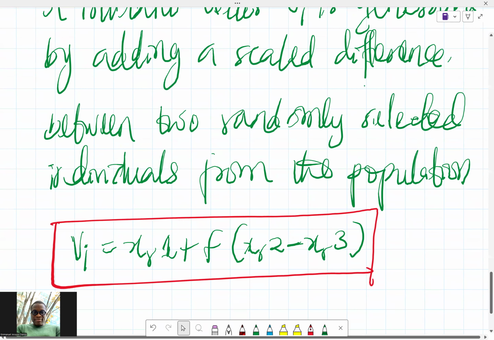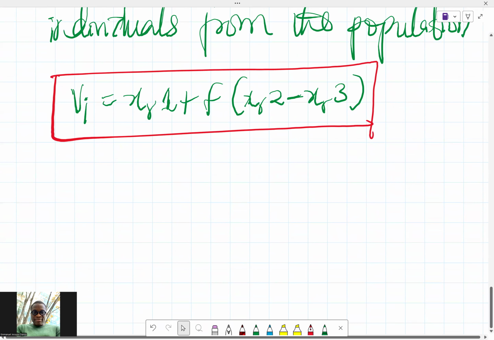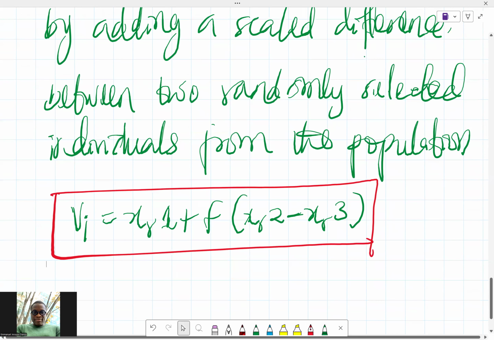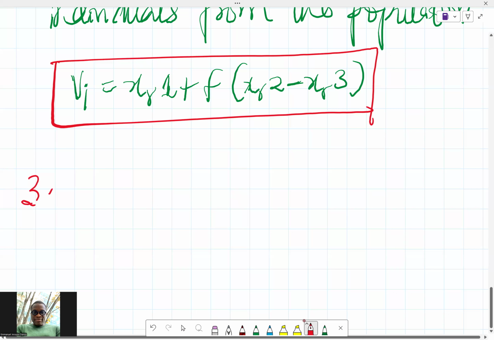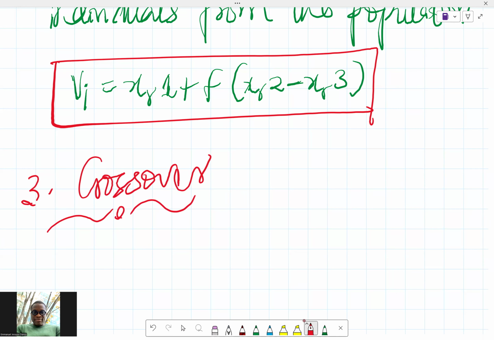Now we have the crossover, which is a standard talk when it comes to evolution, or what we call recombination in genetic algorithms.